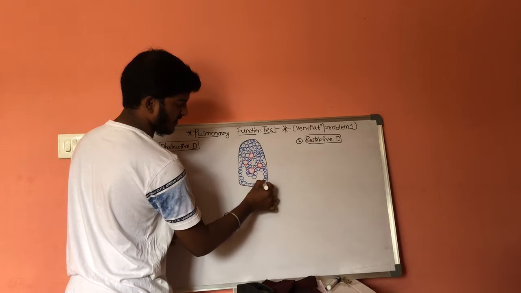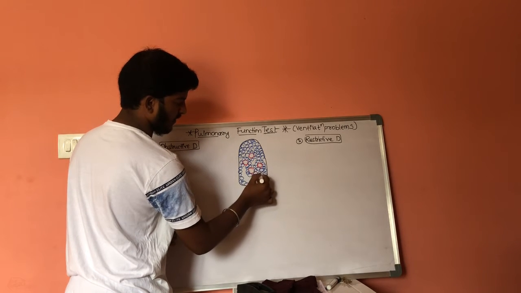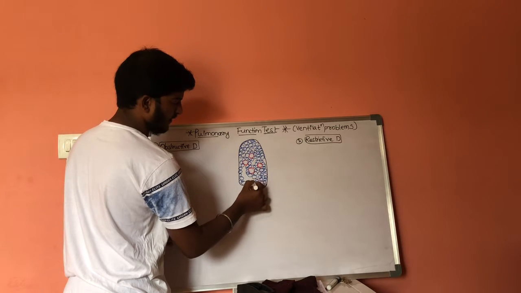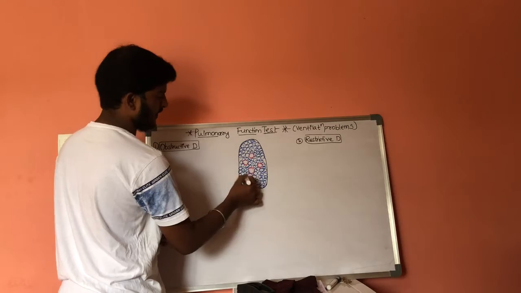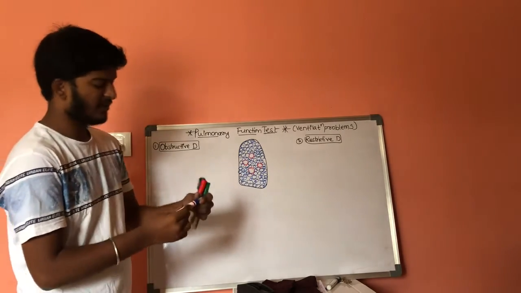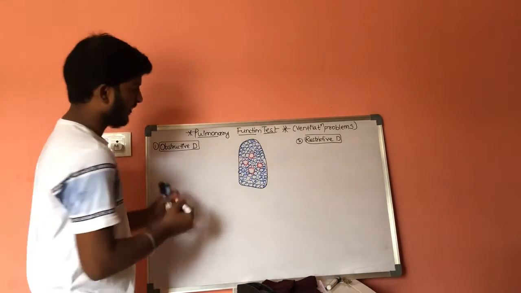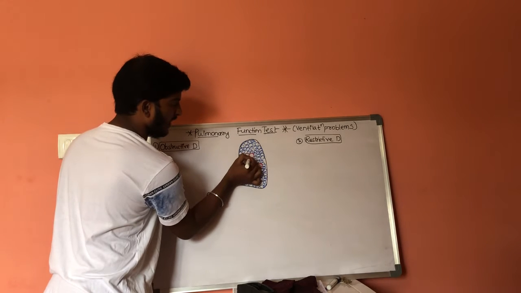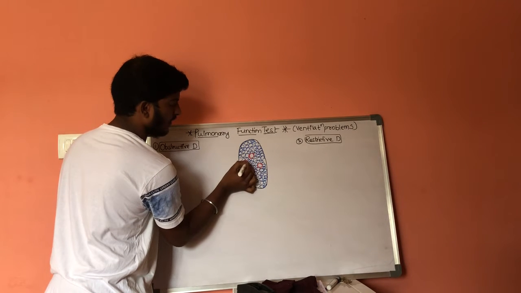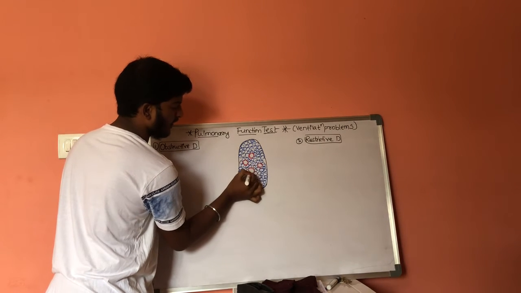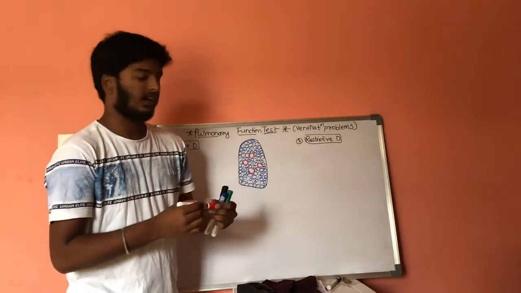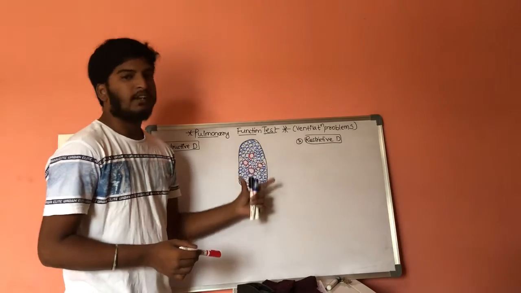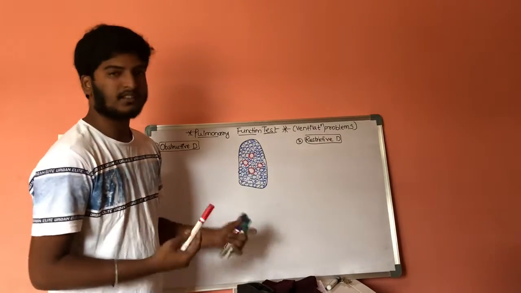This is the normal structure of a healthy lung, in which the red color structures are airways, and the blue colors are the alveoli and parenchymal cells, or else stromal cells.